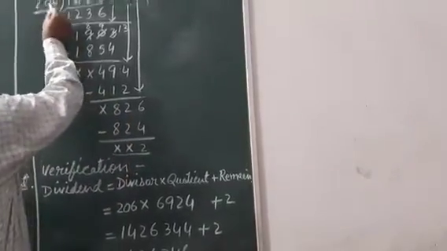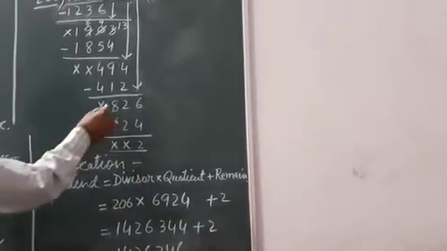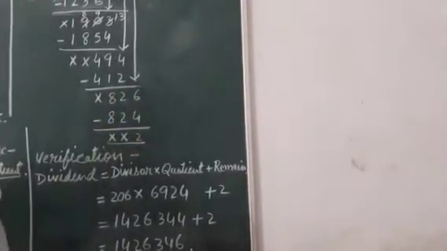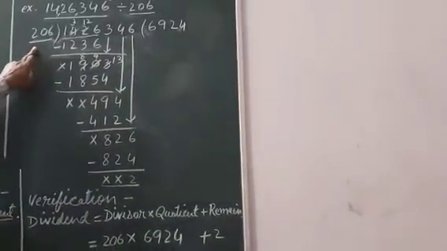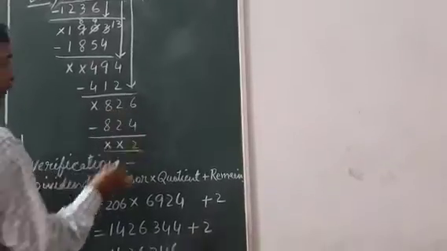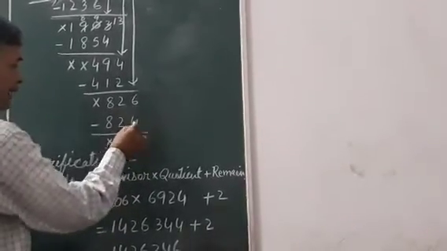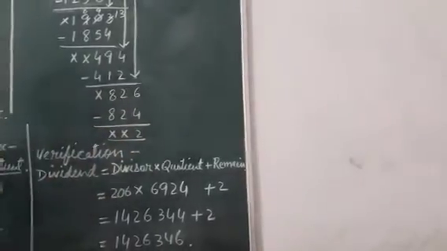When we multiply 206 by 4, we get 824. That means 826 can be divided maximum into 4 parts by the number 206. 824 is subtracted from 826. 6 minus 4 will give you 2. 2 minus 2, nothing. 8 minus 8, nothing.